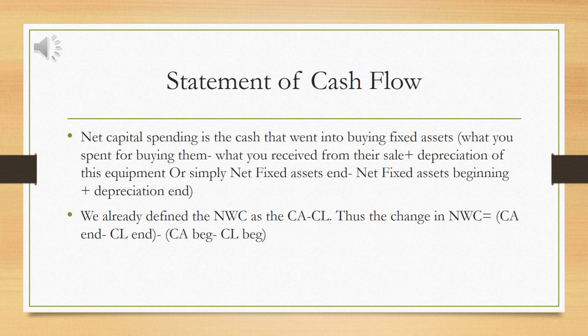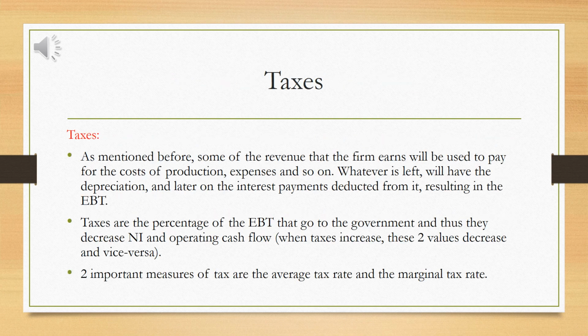We already defined the net working capital as current assets minus current liabilities. Thus, the change in net working capital equals current assets end minus current liabilities end minus current assets beginning minus current liabilities beginning.